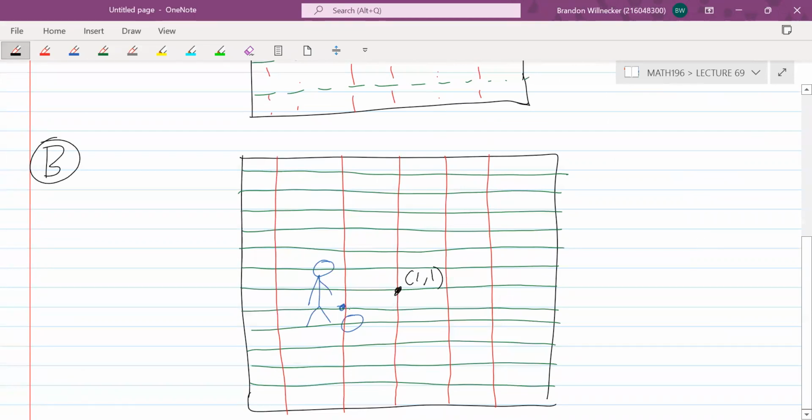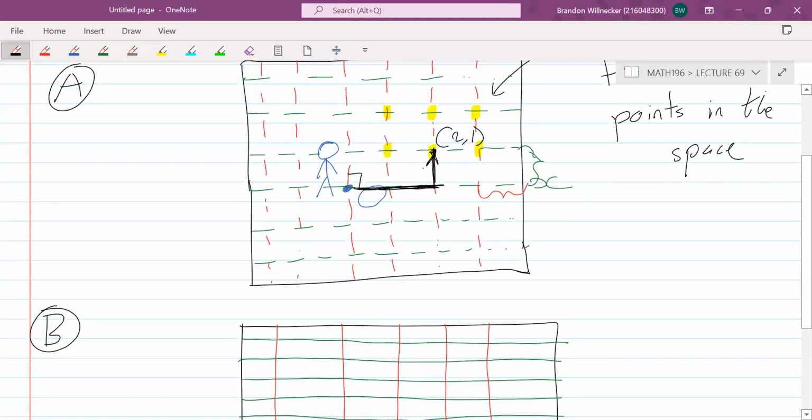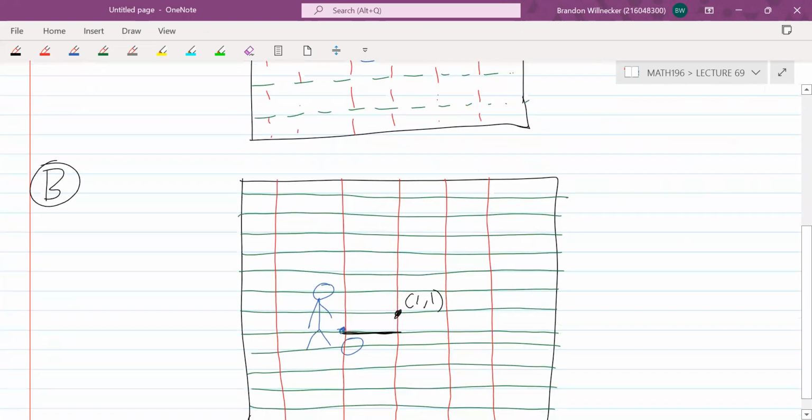In this picture, 1 spacing horizontally is equivalent to 2 spacings in the previous system. Okay, and then we go up here. So this point is actually 1, 1 now.